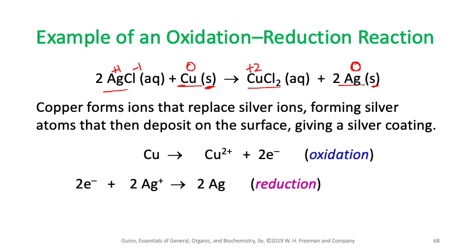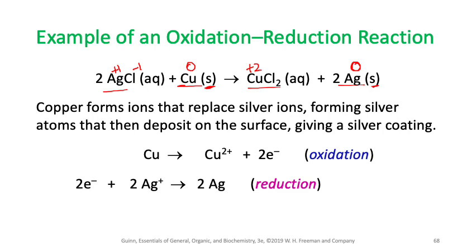So what's happening in this reaction? Before the reaction silver had +1, after the reaction silver had no charge. How is it possible? There is only one way it is possible: silver takes one electron from somewhere to neutralize the one positive charge on silver.